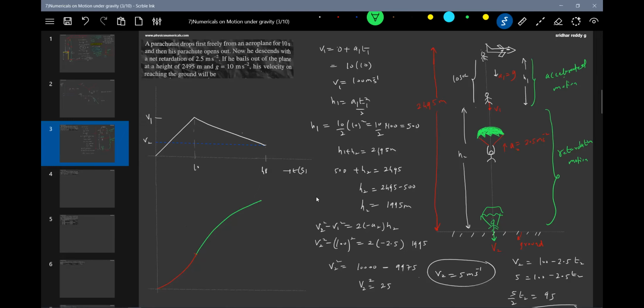And it will not come to rest. You land onto the ground with certain velocity. So therefore, this will be 10, 48. So what is the total? This will be 2495.